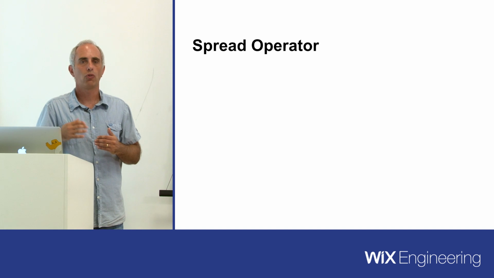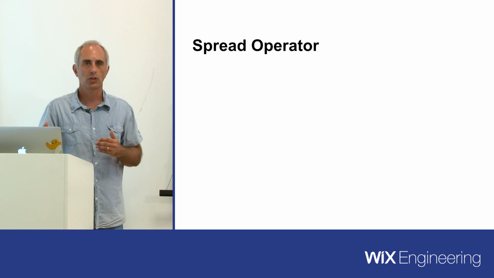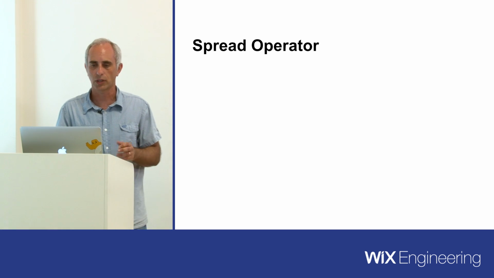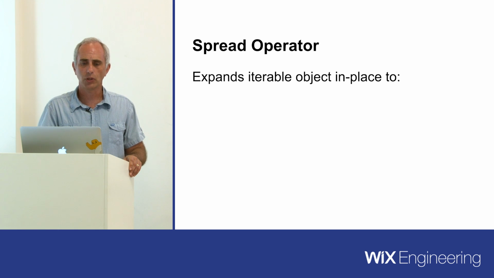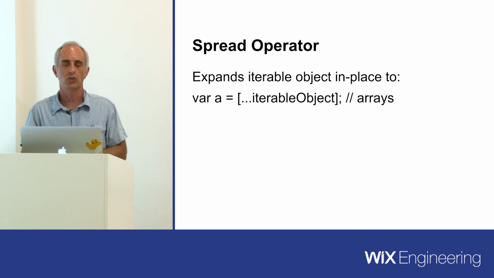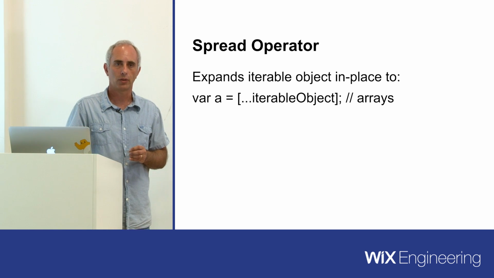Now, we've seen for of as a means of iterating over values using an iterator, but it turns out that there are additional ways, some of which might be nicer in certain contexts, and one of them is the spread operator. So a spread operator actually expands any iterable object in place into a variety of destinations. For example, into an array.